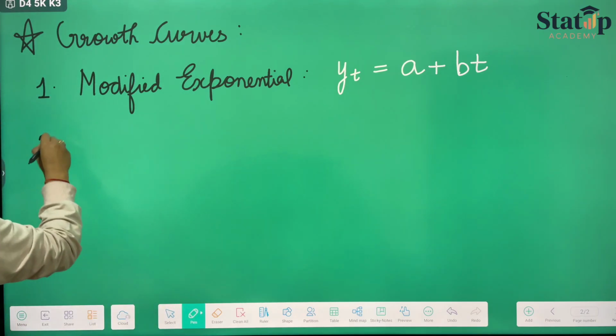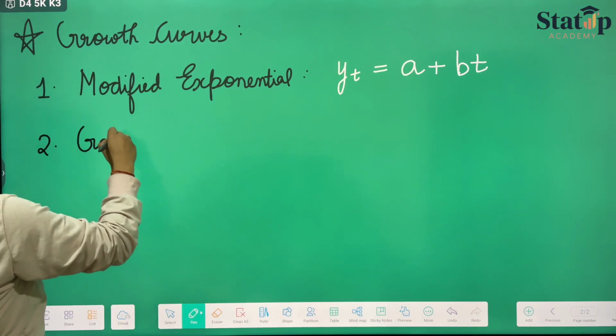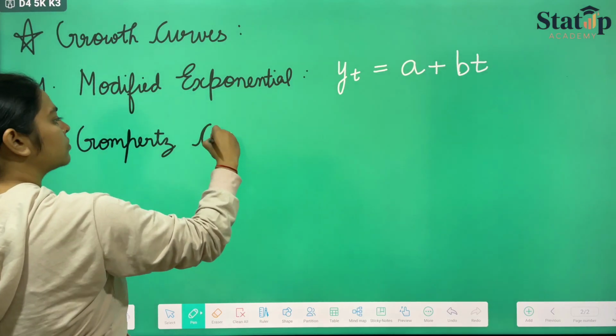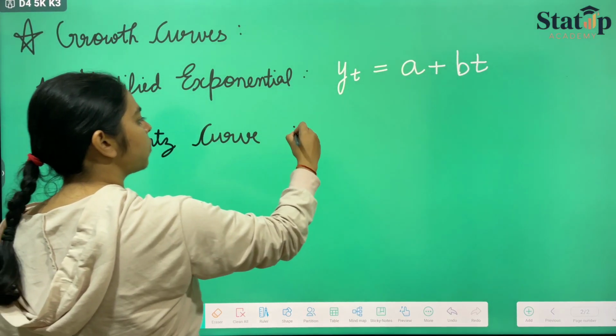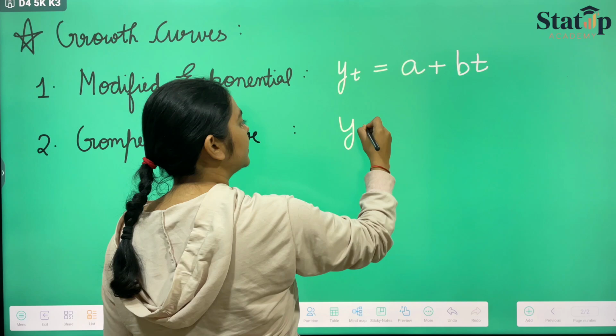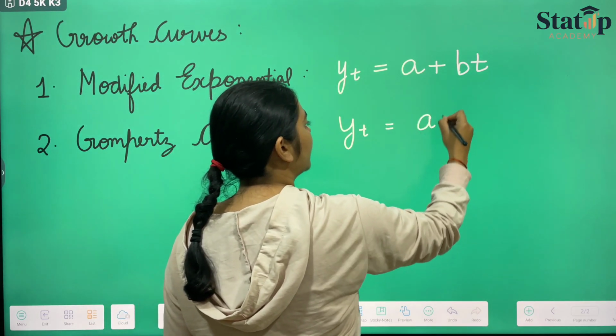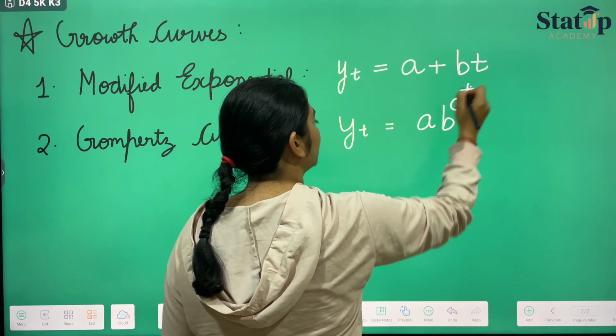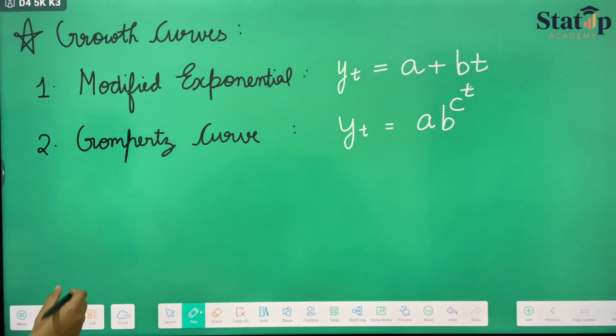The second one was our Gompertz curve. It is given as yt is equal to a b raised to the power c raised to the power t. This was our Gompertz curve.